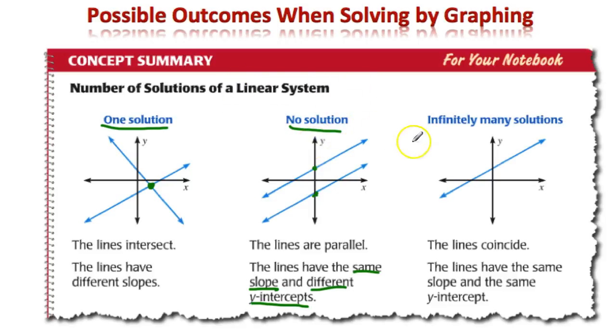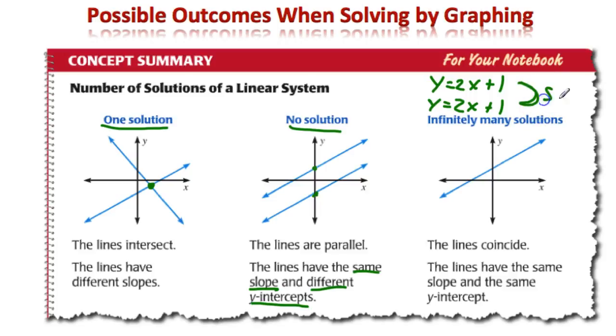The third one says infinitely many solutions. The lines coincide. So the lines have the same slope and the same y-intercept. So if I say, okay, the first line is y equals 2x plus 1, and the second line is y equals 2x plus 1, you might be thinking, hey, those are the same line, right?